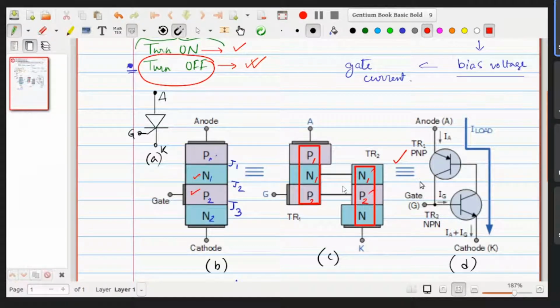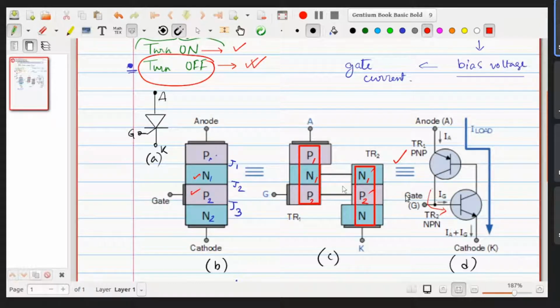When we draw the transistor equivalent model, we assume it consists of 2 transistors, one PNP and the other NPN. Observe how these are connected: from the N layer of the PNP to the NPN it is connected, and this P layer is connected to this P, the base of the NPN transistor. So this is the total model.